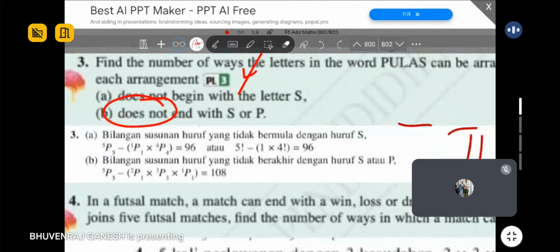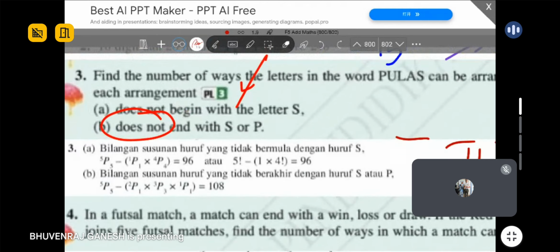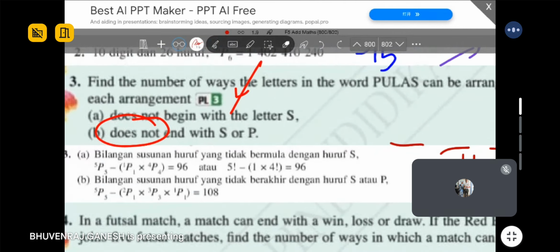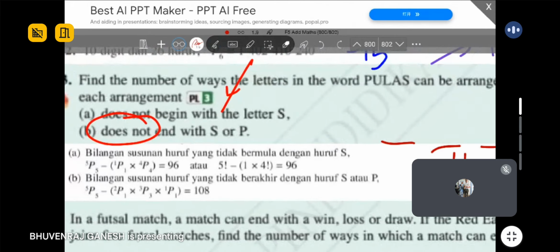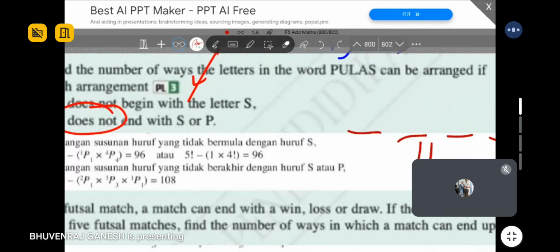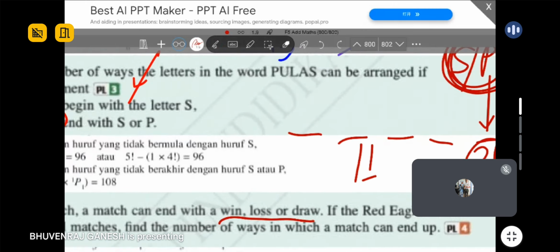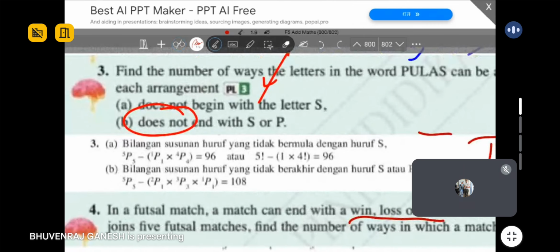So we go on to the next question. Question 4. I am scared that when I stay too long at question 3, you all will be even more confused. Kamu lebih susah nanti. So we go to question 4. They say there is a futsal match. In a futsal match, you have win, lose, or draw. Kalah menang seri. They say there are 5 matches.